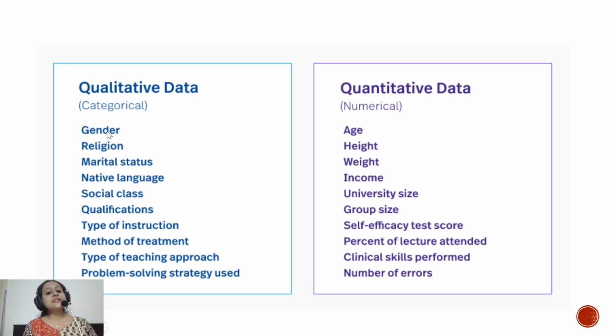So these are qualitative data. On the other hand, age, weight, height, income, you have to reveal this information using only numerical values. Like age can be anything between 0 to 100 or more than that, right? So all these are numerical information. Same with height, weight, income. So you have to use specific figures to express this information, right?